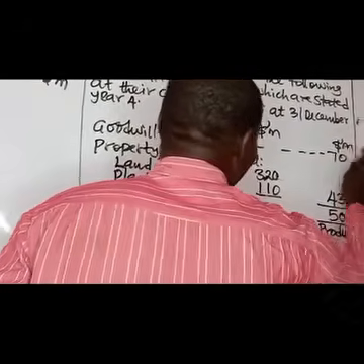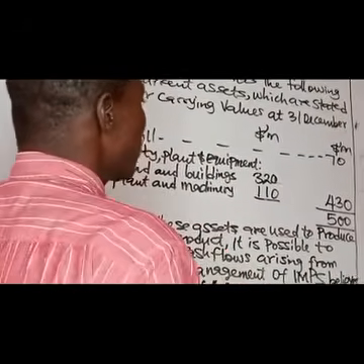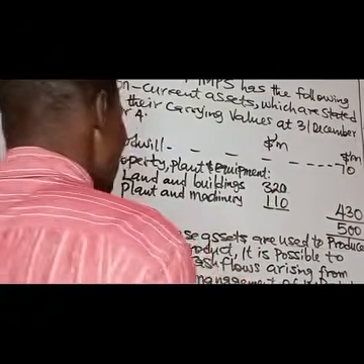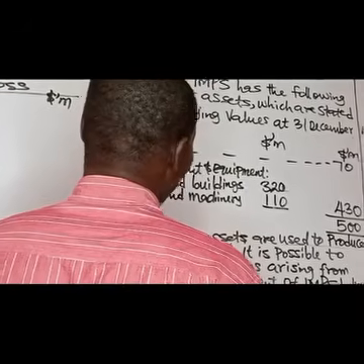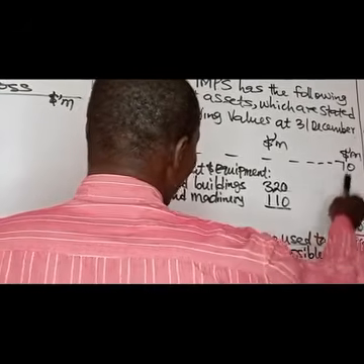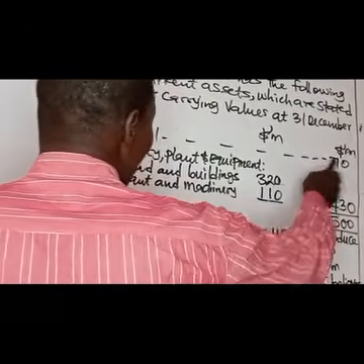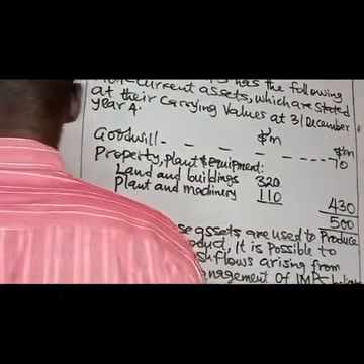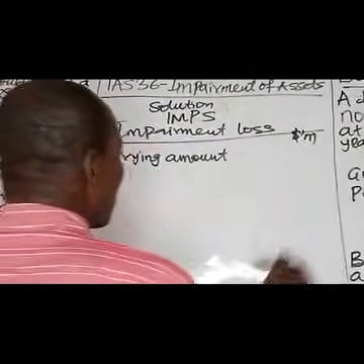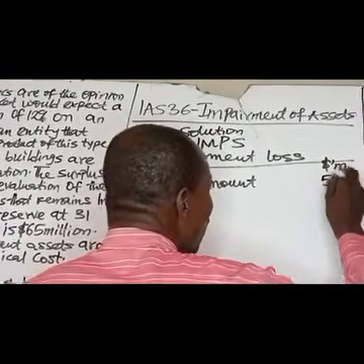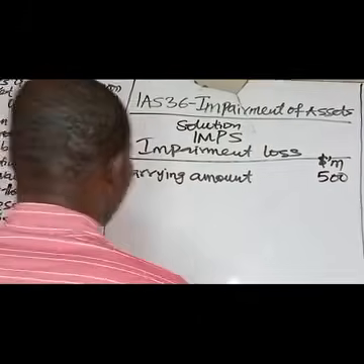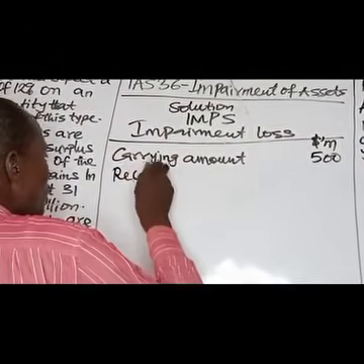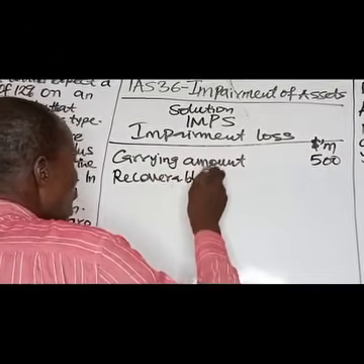This question is obtained from the BPP ACCA study text, Strategic Business Reporting, SBR. So we have the total of the cash generating unit as 500. So that is the carrying amount. So we have the carrying amount of 500 million. From the carrying amount, you less recoverable amount.